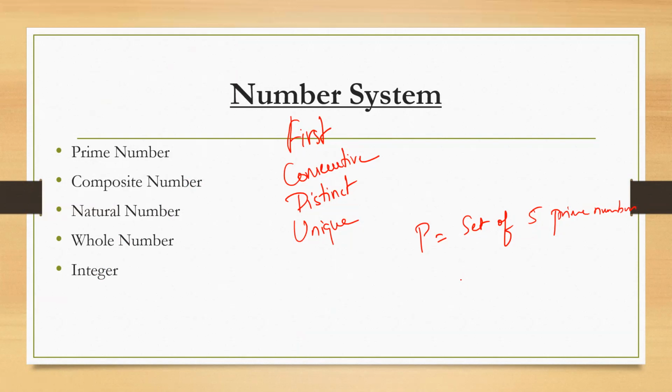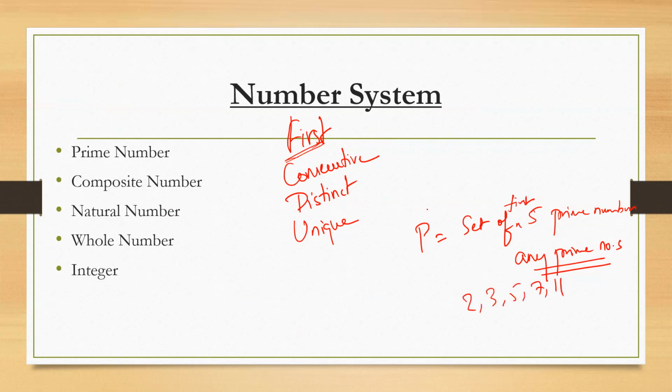Yes, exactly. Shivaranjani is right. When we have P is set of 5 prime numbers, it can be any prime numbers. Now here, if the question is P is set of first 5 prime numbers, if the keyword first is used, then it means what? Yes, it means 2, 3, 5, 7, and 11.